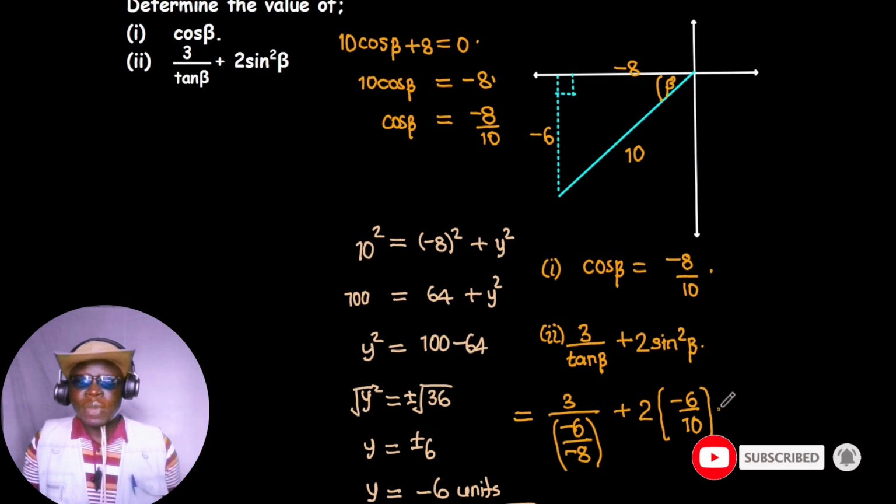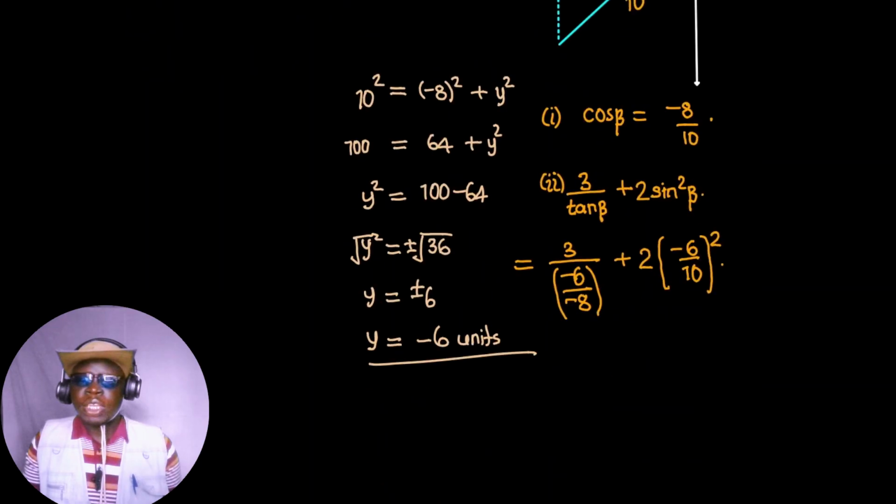And sine is squared, so we can bring our square outside here. So let's go ahead and make simplification to this. So you see that these negatives will cancel, and we also reduce this down by 2 to 3, because this 8 divides by 2 to 4.